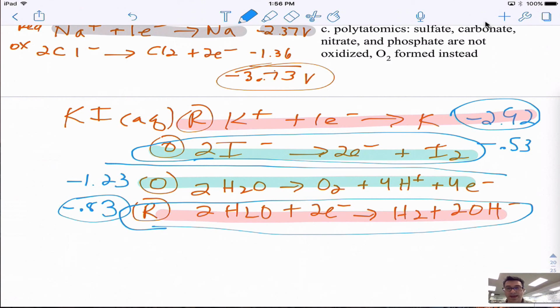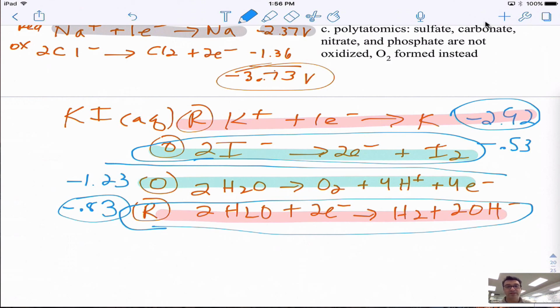When you take KI and pass electric current through it, and I can do this in class for you as a demo, you'll see that the iodine, if we add a little starch, will form and turn black at the anode. Whereas the H2 will form at the cathode, with bubbles of H2 gas, and if you add a little phenolphthalein, it will turn pink.